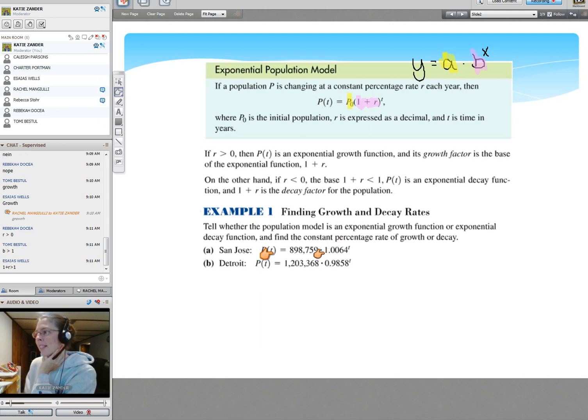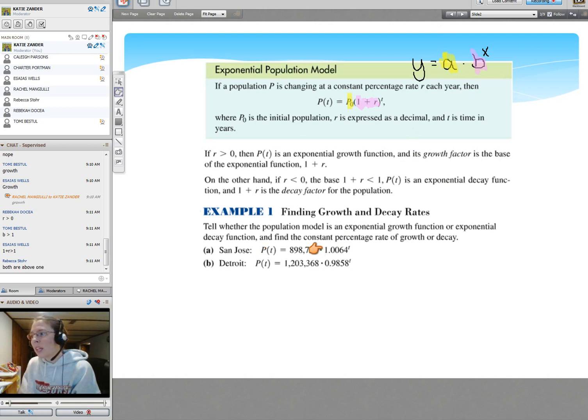Yeah, your base is greater than 1, sorry, and your rate is greater than 0. So I like how we kind of put that all in there.